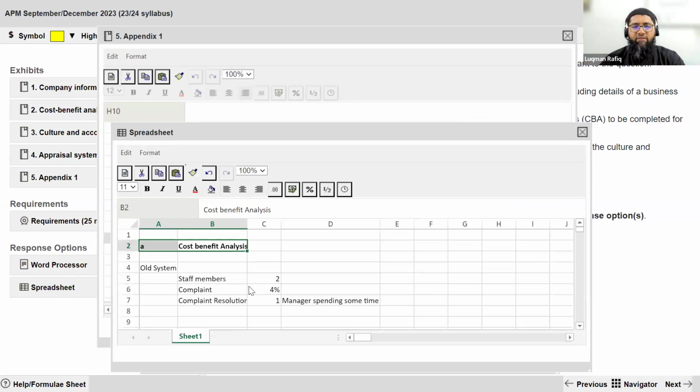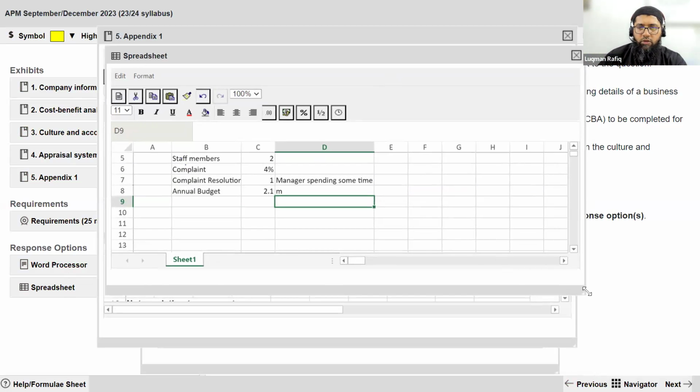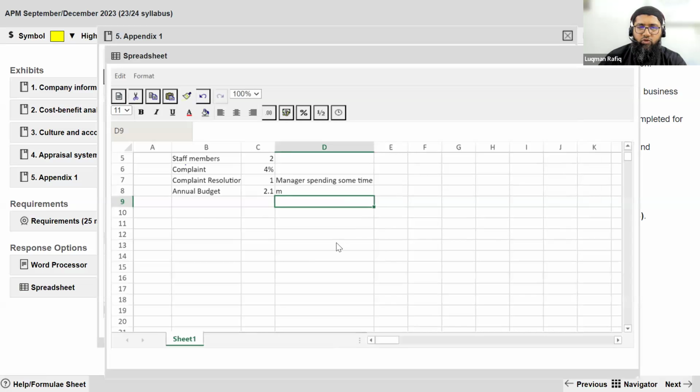So what is this annual budget? It is $2.1 million.